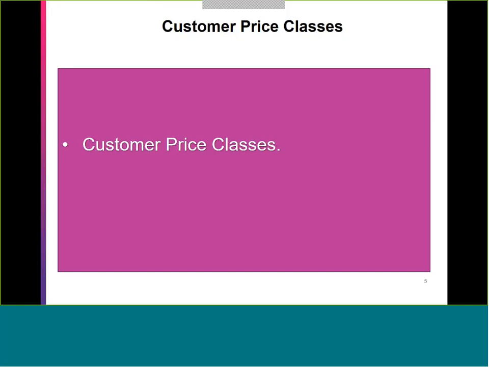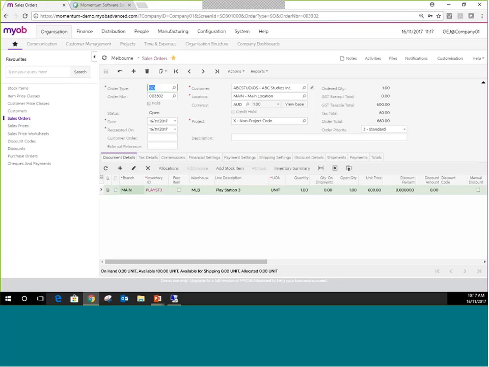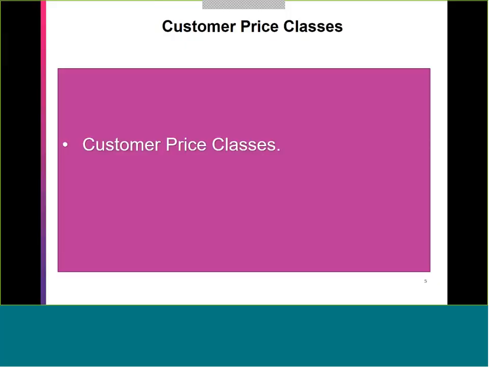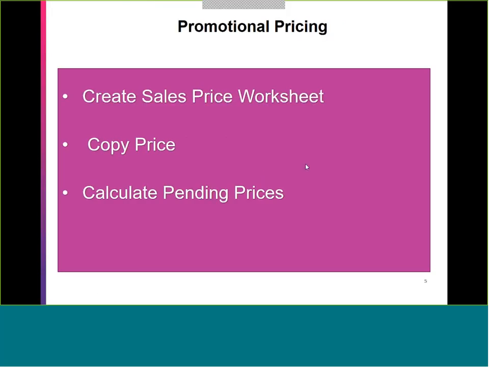So there's quite a few different ways you can actually do price classes. So I just want to go through how they are configured, the price class groups, so that you can actually see some of the different information. You can create price classes using promotional pricing as well, through creating a price workbook or calculating prices.